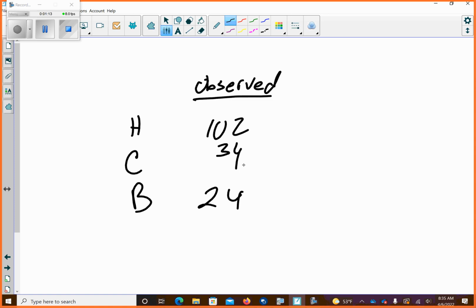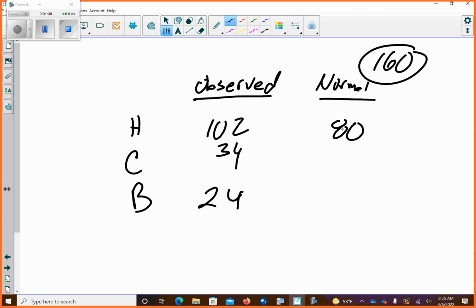But then they said what they typically have on a day, because we had the 160 sales, what they had on a normal or typical day: half are hamburgers, a fourth are cheeseburgers, and a fourth are bacon burgers. So half of 160, a fourth, and a fourth. That's basically all you put in there.